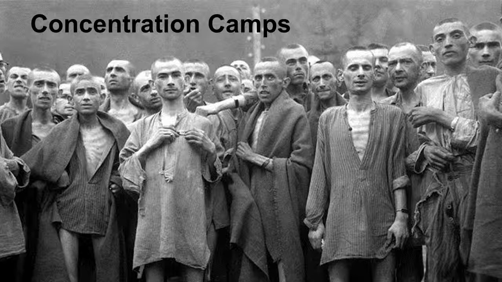Others were work camps, where people mined coal and made rubber, weapons, and fuel. There were also sites of medical experiments. So there's a wide variety of concentration camps. The term refers to the idea that people were concentrated in one spot, but does not refer specifically to the nature of that camp.